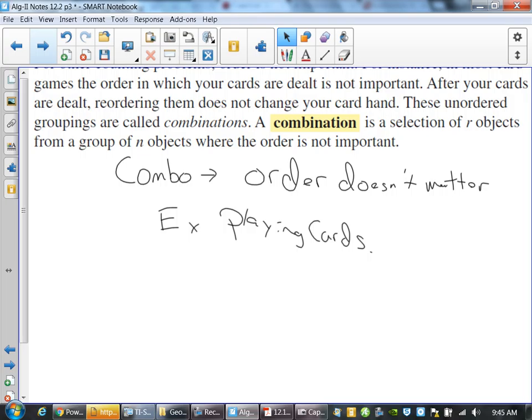So, I just opened up the deck of cards, so that's why they're sorted out. In a deck of cards, you have 4 suits. Each suit contains 13 cards. Therefore, you have how many total? 52.